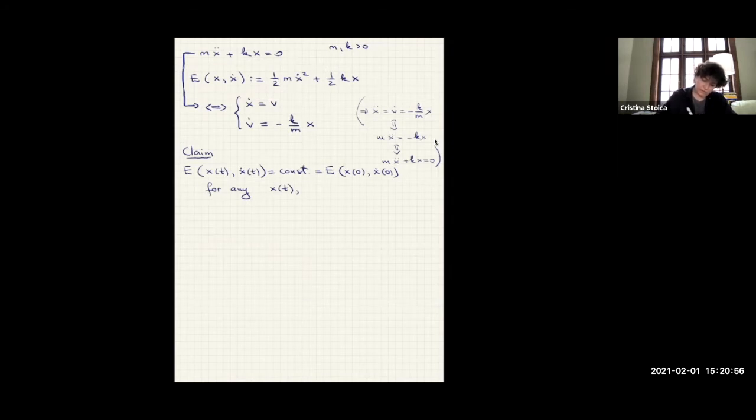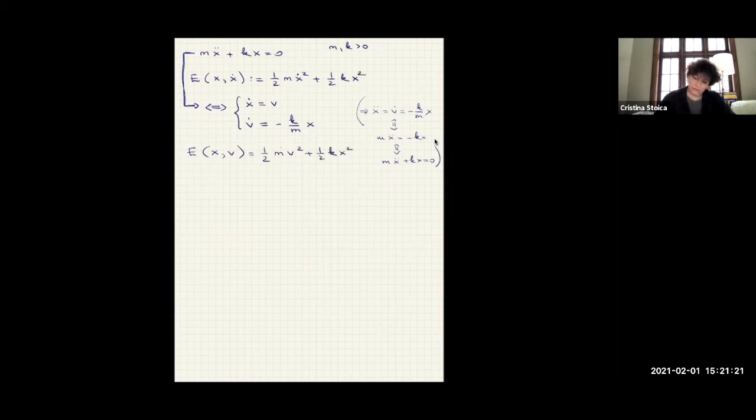So let's do this. Now the energy, I can write it as E in x and v equals 1 over 2 m v squared plus 1 over 2 k x squared. It was a square there. And now here is my claim.